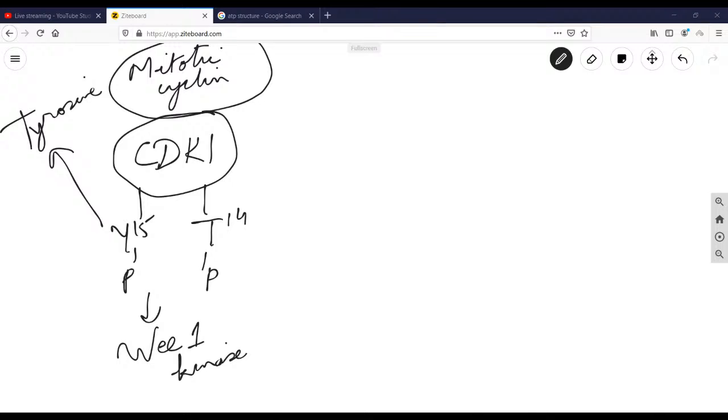Because you don't want the cell to jump from S then G2 to M before the DNA replication even gets completed. What you want is the DNA replication to be over, and that too only from one chromosome you should be able to form two chromosomes.